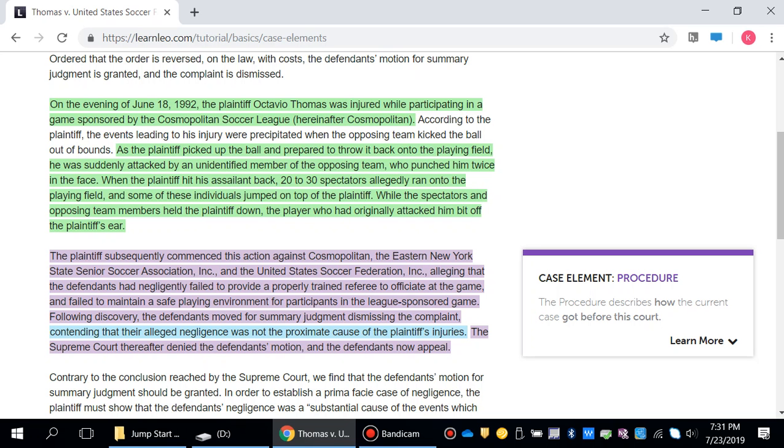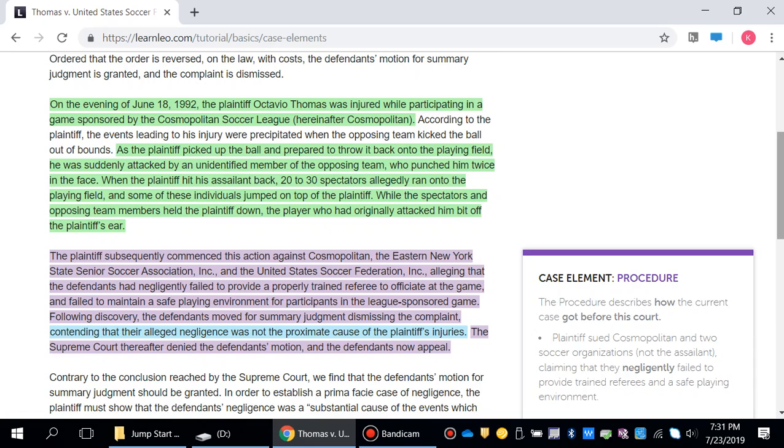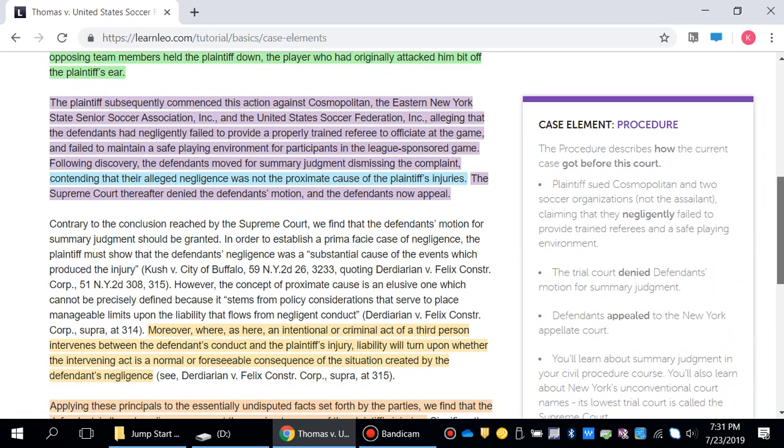Okay? So procedure, other than civil procedure. But in criminal law, torts, and contracts, as a general rule, while you may note this, and your professor might ask, how did this case get here? Because they're trying to teach you procedure, you won't be necessarily tested on that for that particular course.